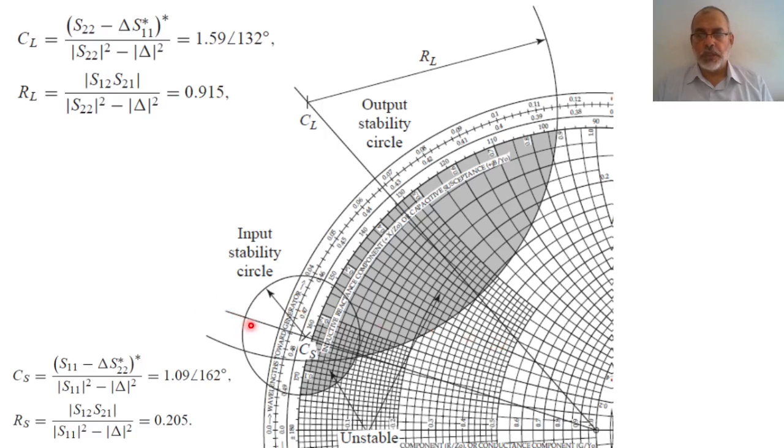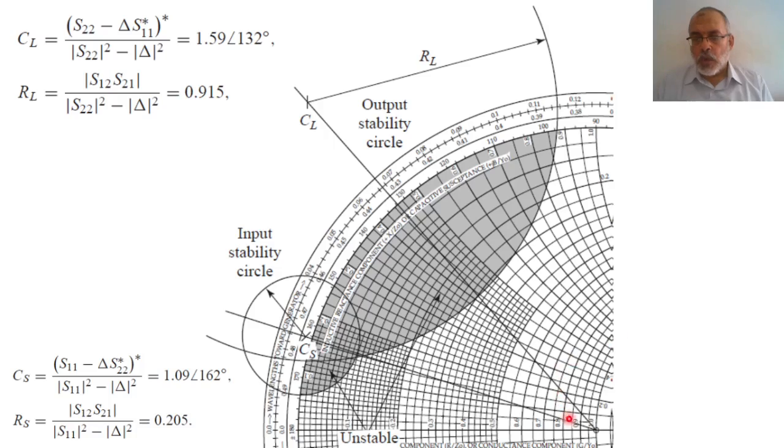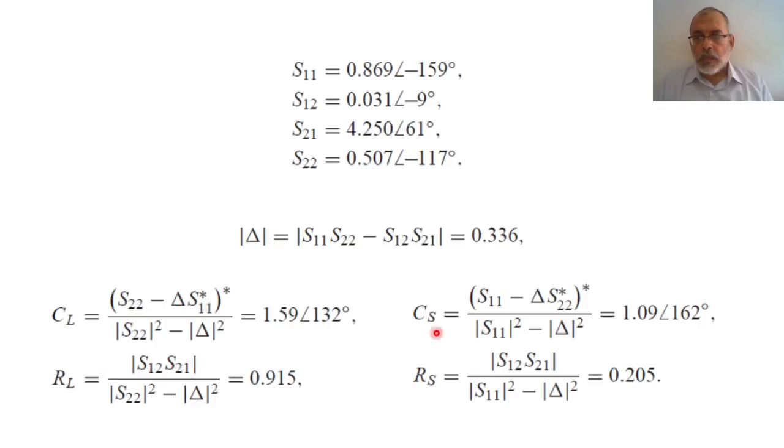As we have done in the load circle, we are going to do in the source circle. To determine the location of the center, from the origin to the edge is unity, but I'm talking about 1.09, so I'm going to multiply this length by 1.09. This would be at an angle of 162.